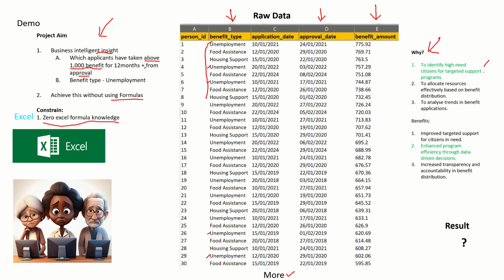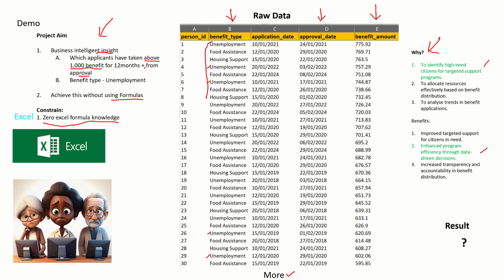The next could be to provide enhanced program efficiency through data driven decisions. This is quite a complex case, and it is more for local governments, benefit offices, and social organizations that support benefits, putting people into a comfort zone really.